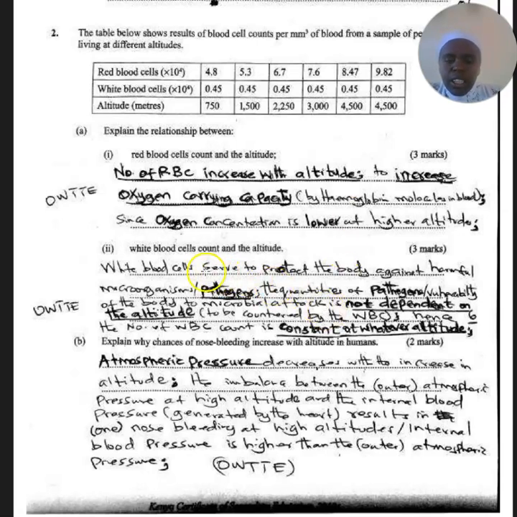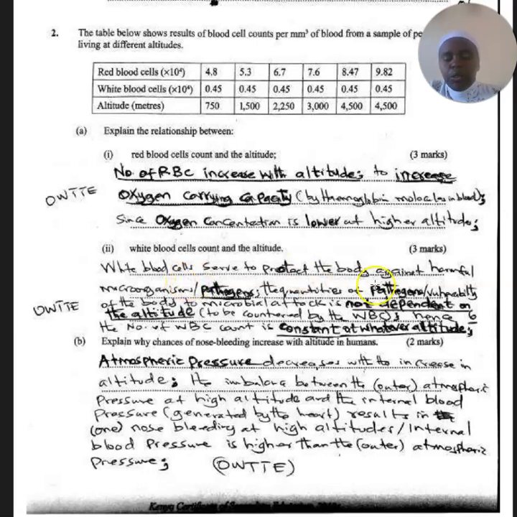Then you're asked the relationship between white blood cell count and altitude. So here, the role of white blood cells is to protect the body against disease-causing organisms, and therefore there is no effect of altitude.